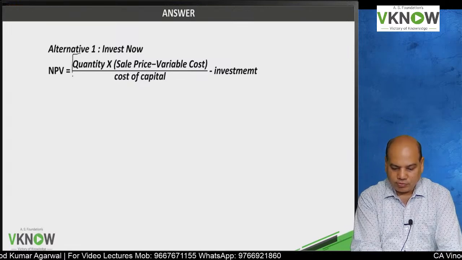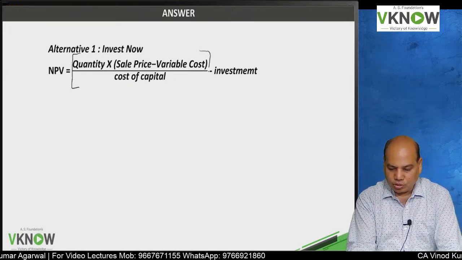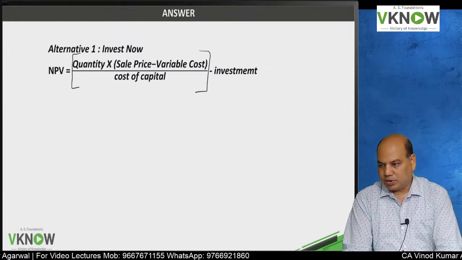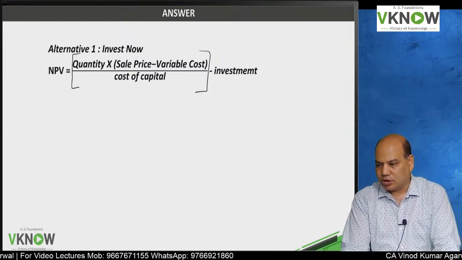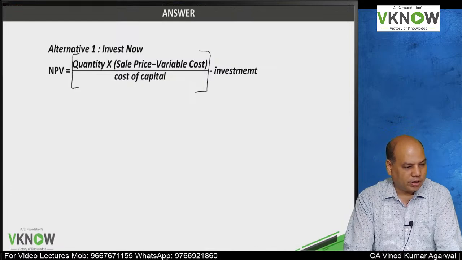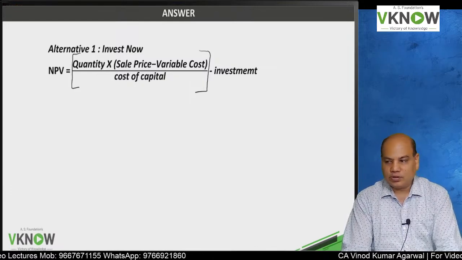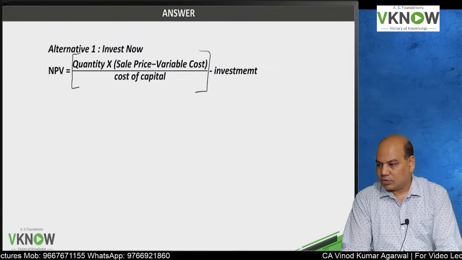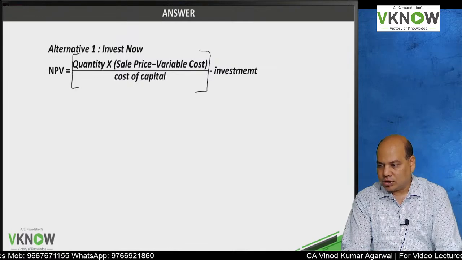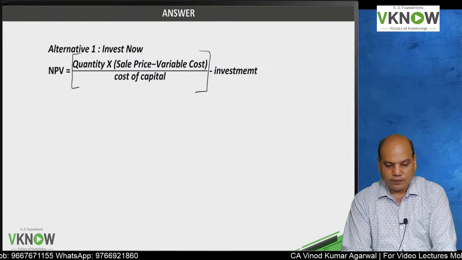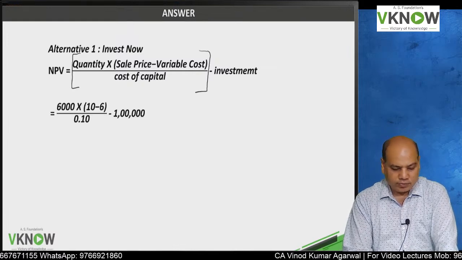This will give you present value of perpetuity minus investment. Minus investment is your initial investment. So solve for alternative 1.